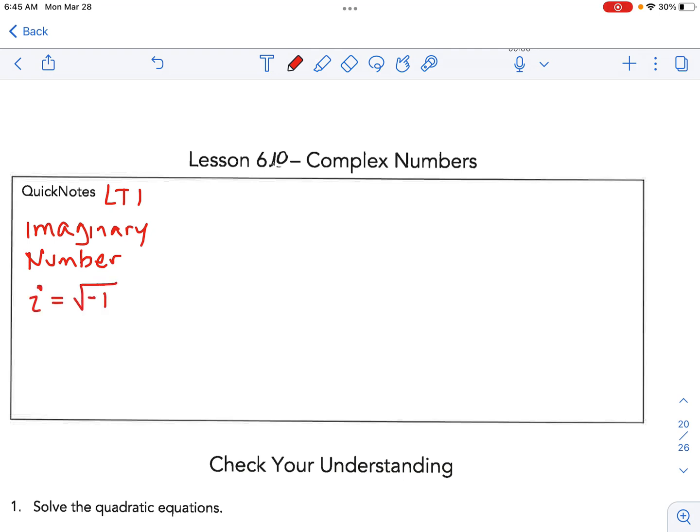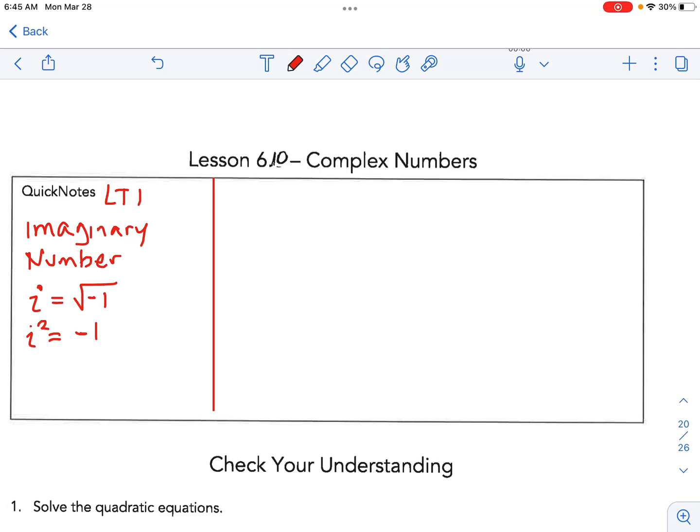And its definition is that it's the square root of -1. And its purpose is to allow us to deal with radicals that have negatives in them. That it allows us to deal with having to take the square root of a negative number. We also know that i squared is just -1. It gets rid of that radical.